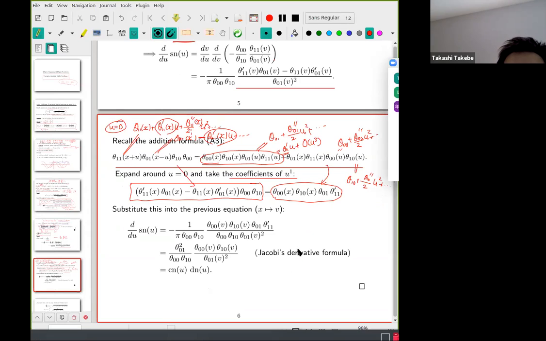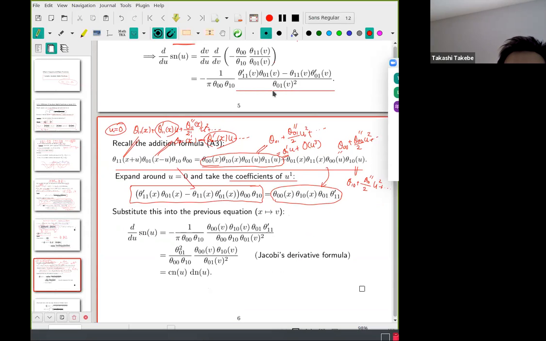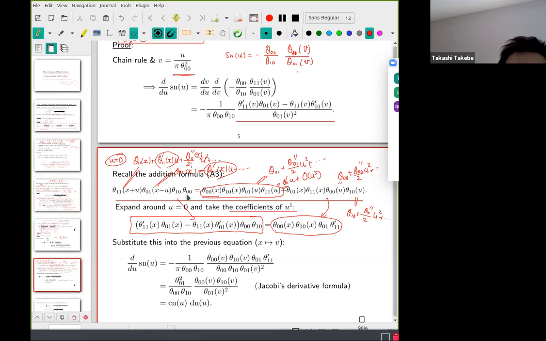So what we want appears here. So we can replace the numerator by such an expression. And here is the important part.